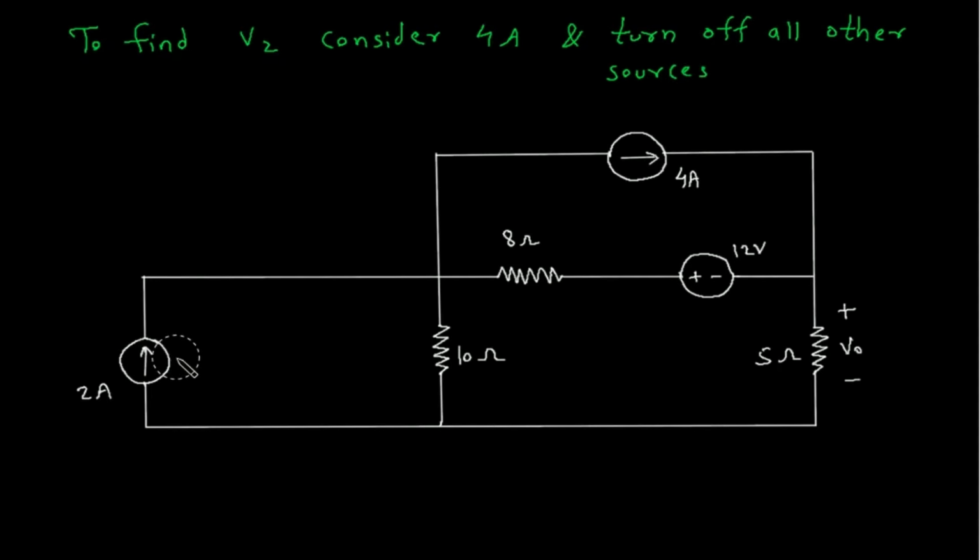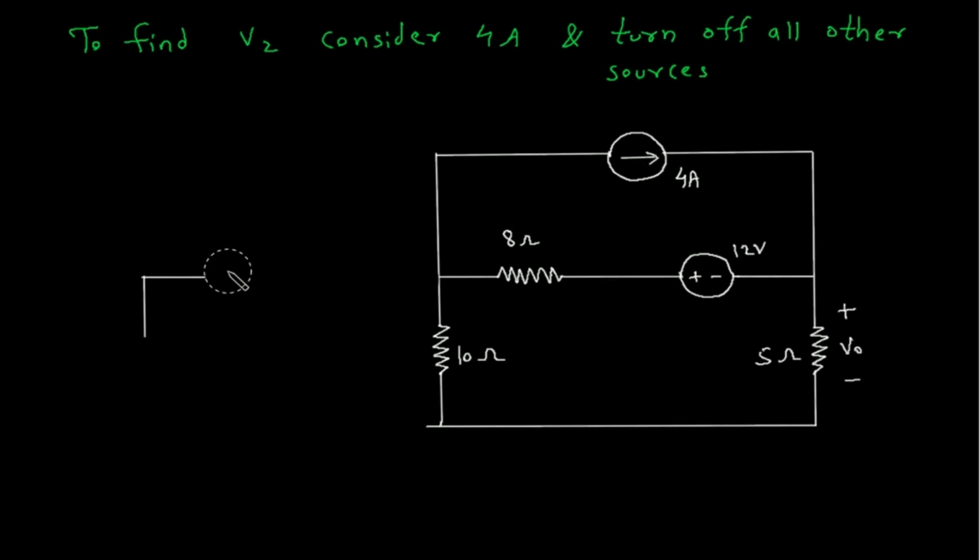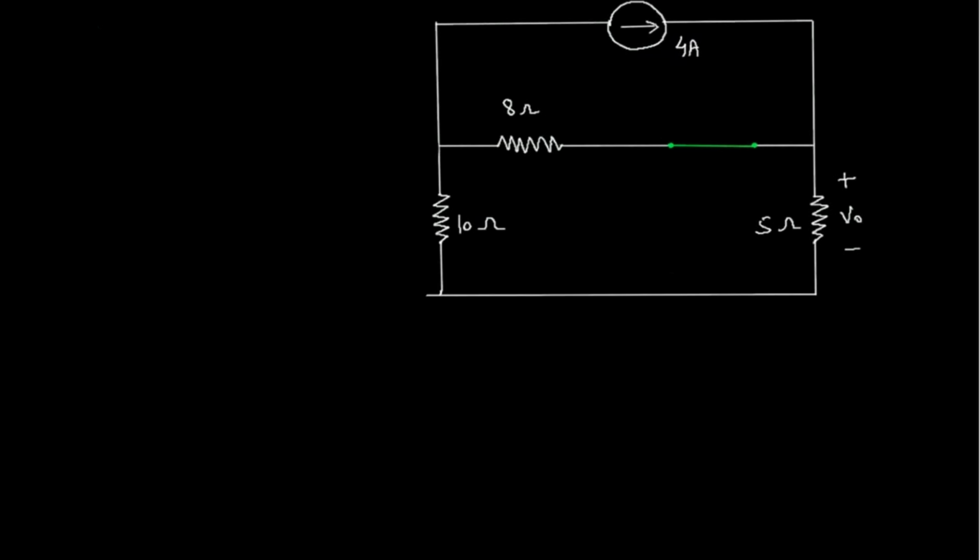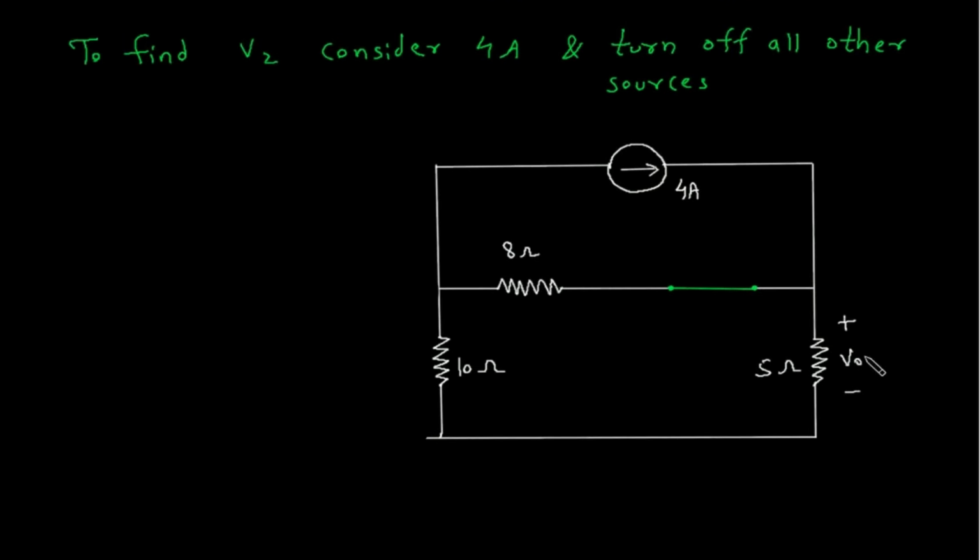Since this is a current source, so this will be open circuited. This is a voltage source, so this will be short circuited. This will be V2, because we are finding V2, voltage due to 4 ampere current source.